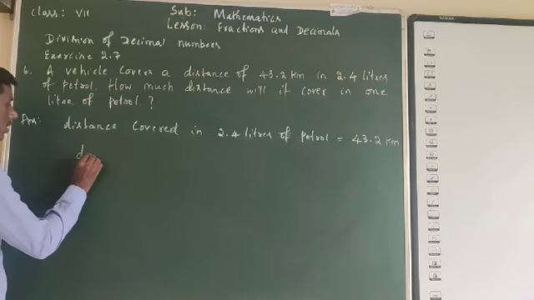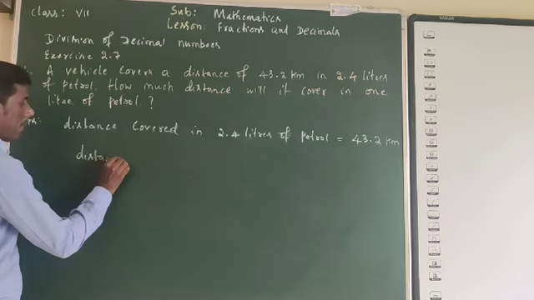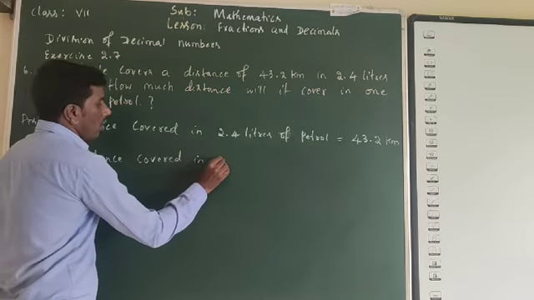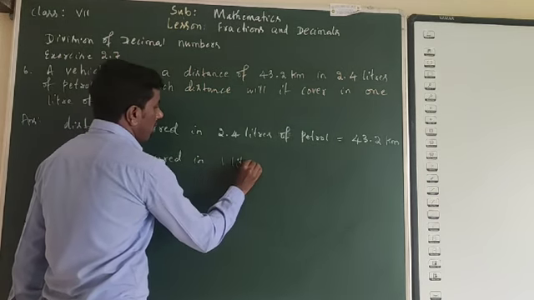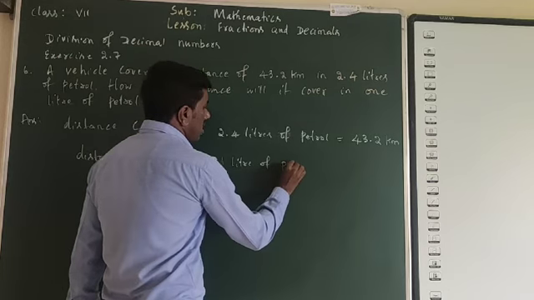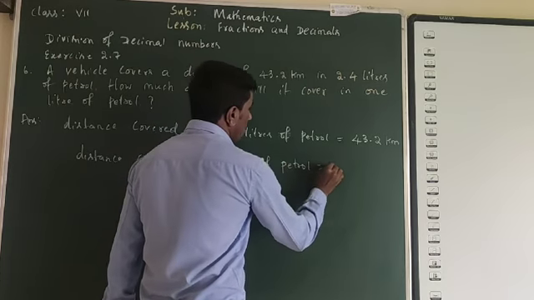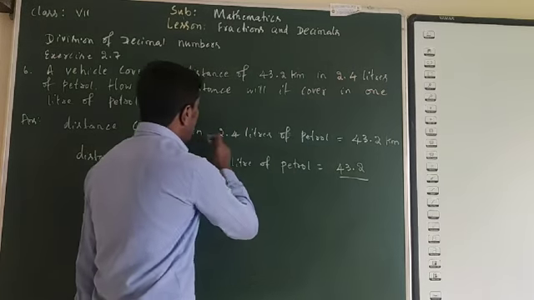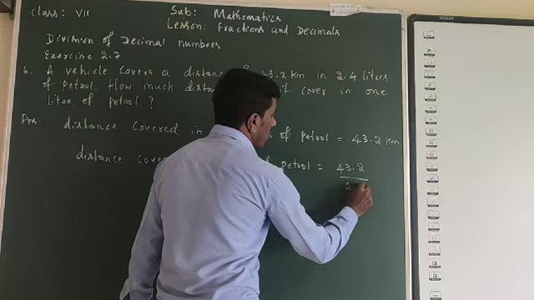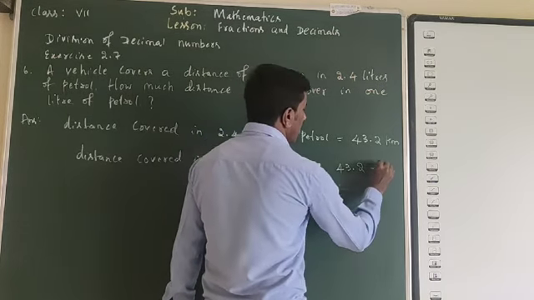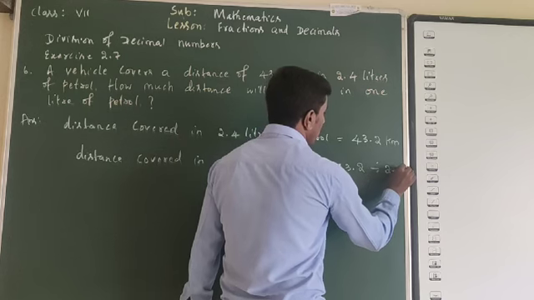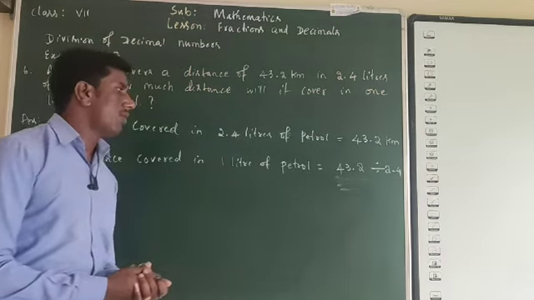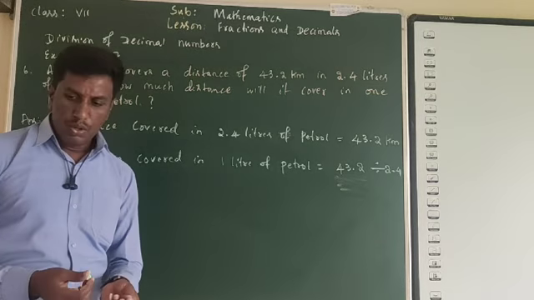So the distance covered in 1 liter of petrol is equal to 43.2 divided by the total liters of petrol, that is 2.4. Both are the same, right? 43.2 divided by 2.4.